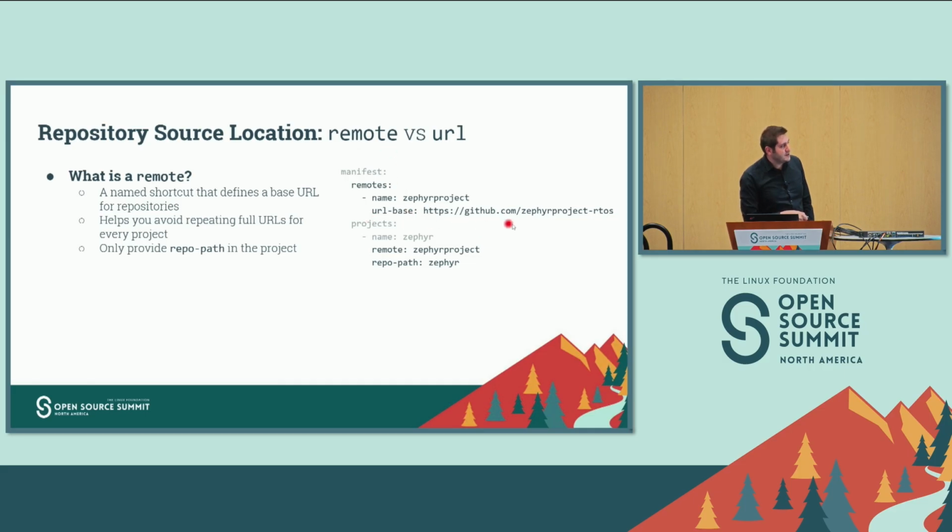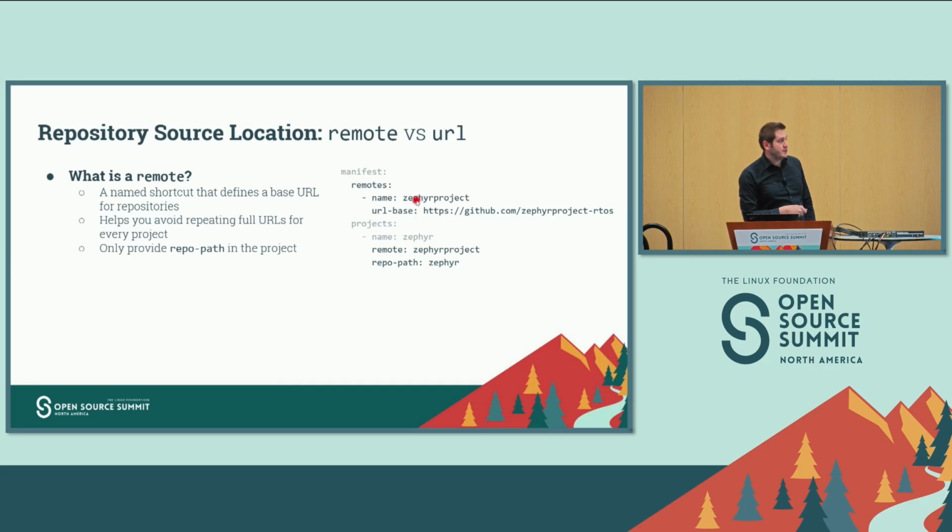Here in the manifest, you give the URL base, which is going to be this GitHub, Zephyr project RTOS. But the name of the repository is going to be called Zephyr here. So the full URL is going to be this link slash Zephyr. But here I provided it with a URL base. And then you must specify here remote, and you say it is actually this Zephyr project.